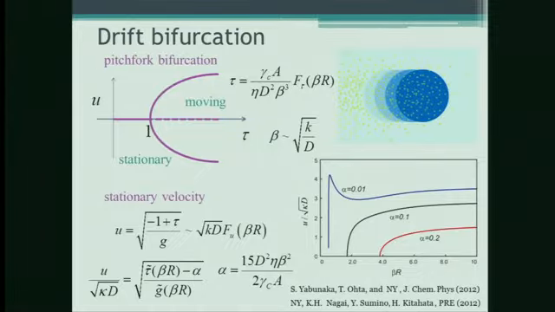So if you change the parameter tau, and tau is explicitly described by this: gamma is a proportional constant between surface tension and concentration, here is the amplitude of the source term, viscosity, density, and beta is a length scale characterized by the diffusion and the damping term. And by increasing tau, we have a phase transition from the stationary state to the moving state.